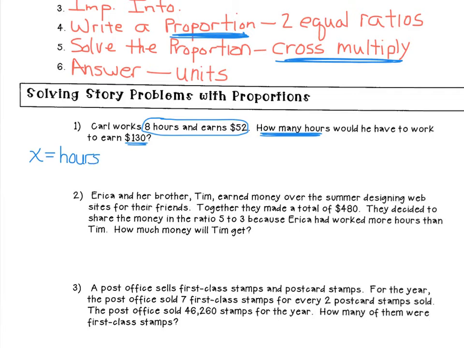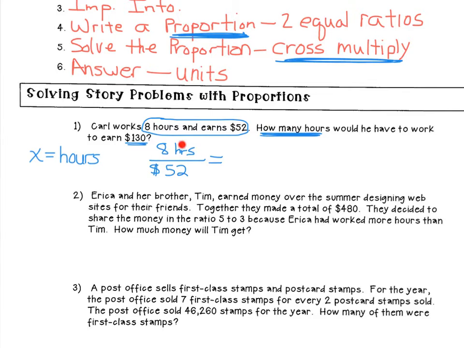That's my variable. Now, I need to write a proportion. This information all goes together, so that's going to make my first ratio. 8 hours it takes to make $52. Now, once I've written that first ratio, that tells me how to set up the second ratio. I have to stay consistent.